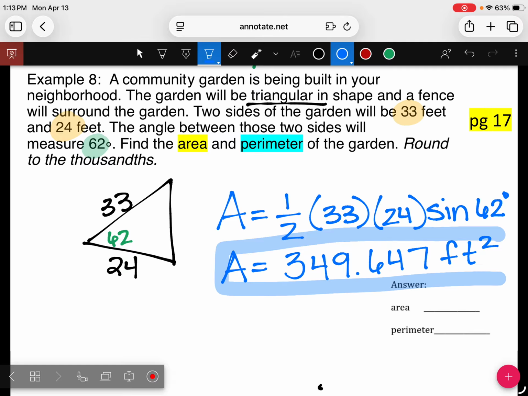Okay, who got that? 349.647. Okay, so to find the perimeter though is a little tricky, right? Because how do you find the perimeter? You have to add up all the sides. We don't know this side, right? How do I find it? Law of what? For law of sines, we need to know an angle side pair, so we don't have that. Law of cosines.